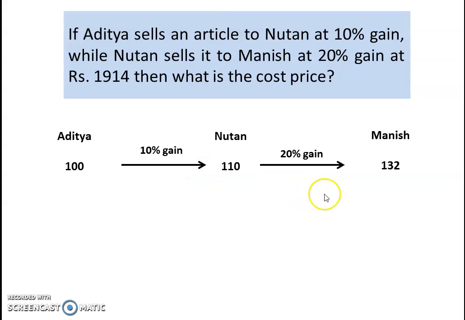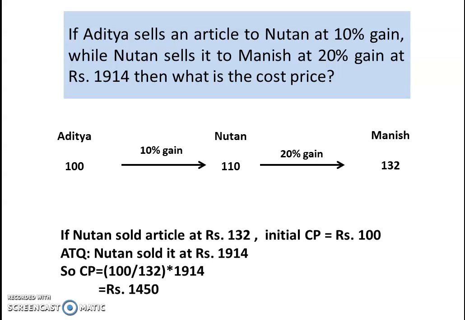Using unitary method, we can calculate the actual cost price and value of cost price will be 100 divided by 132 into 1914. And when we calculate this, value will be 1450. So using both the methods, we can calculate the value of CP.